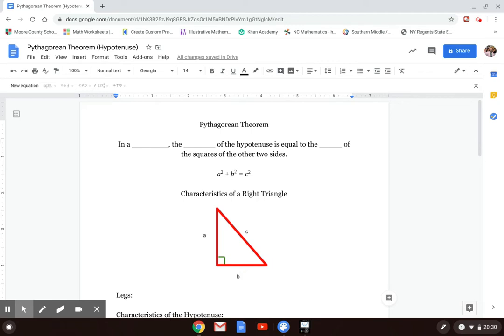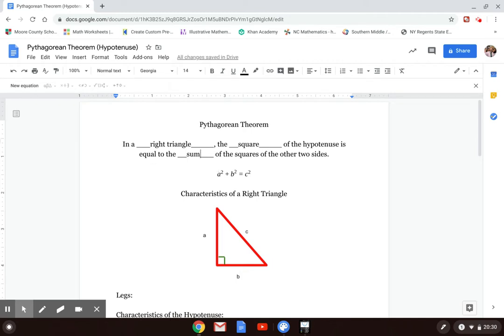All right. So as we start our definition of the Pythagorean theorem, we're going to say in a right triangle, the square of the hypotenuse is equal to the sum of the squares of the other two sides.